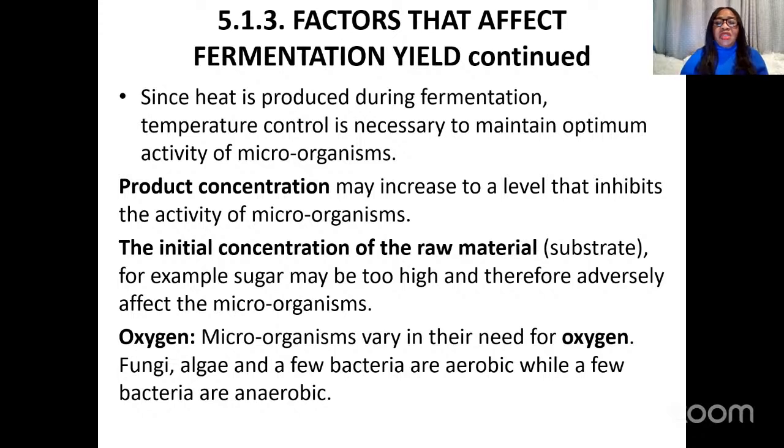So product concentration might increase to the point that it can inhibit the microorganism activities. So when the activity is inhibited, it means it's no longer yielding. So another factor is initial concentration of the raw material. Raw material is what we call substrate. Example is sugar. It may be too high and then adversely affect the microorganisms.